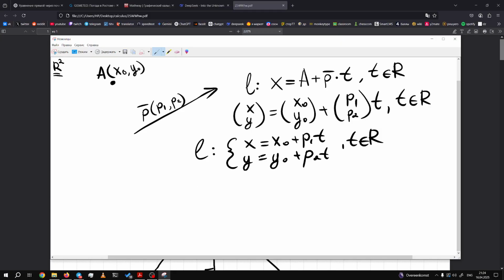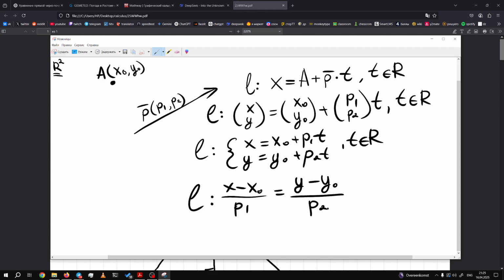And if you divide everything by p, if you get t on any side, you can write L in this case like (x minus x naught) divided by p1 is equal to (y minus y naught) divided by p2.